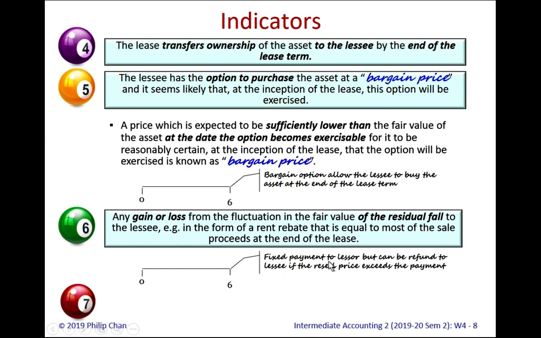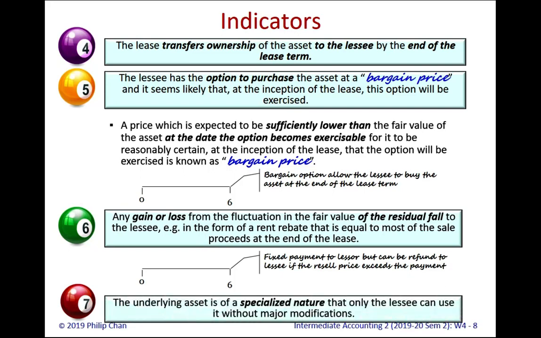But then the lessor would sell the asset, and if the resale price is smaller than the fixed payment, then of course the lessor would return the difference as a rent rebate back to the lessee. That is the meaning of number 6. As I said, we rarely test it. In fact, we don't even have a single question in our tutorials.